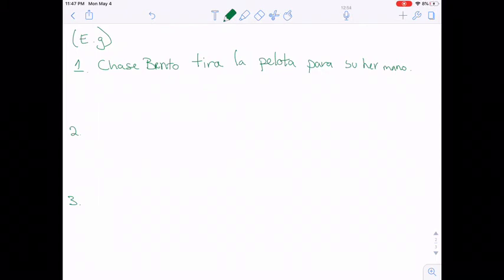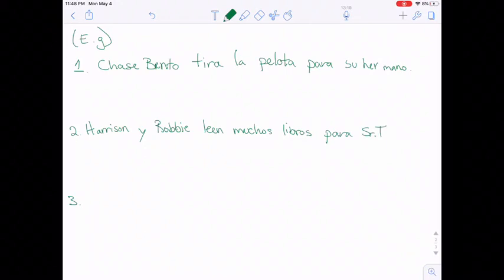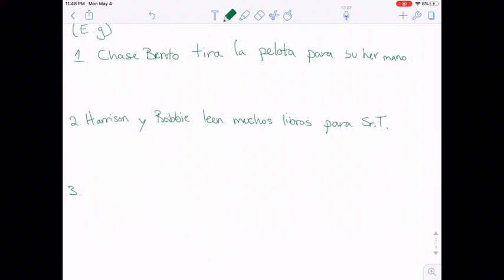One more rule. The direct object pronoun is placed normally before the verb that is conjugated in the sentence.